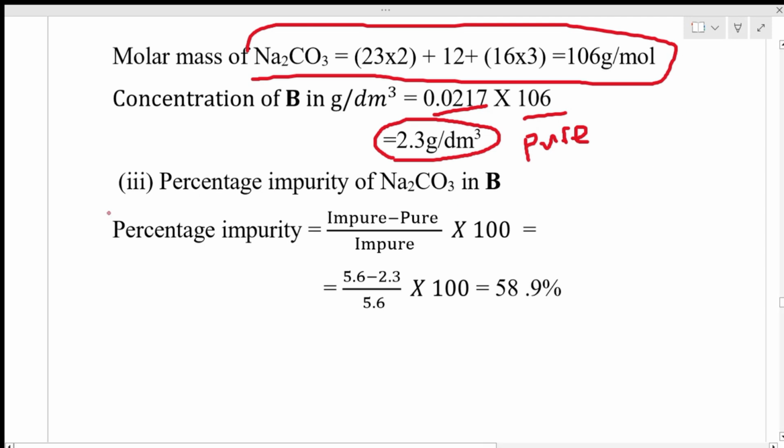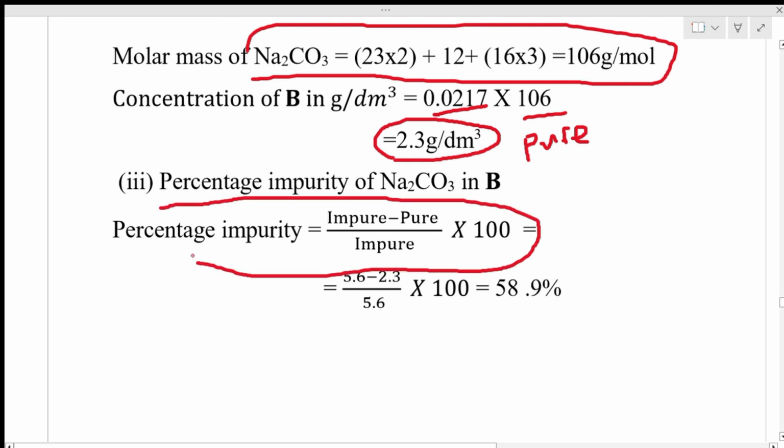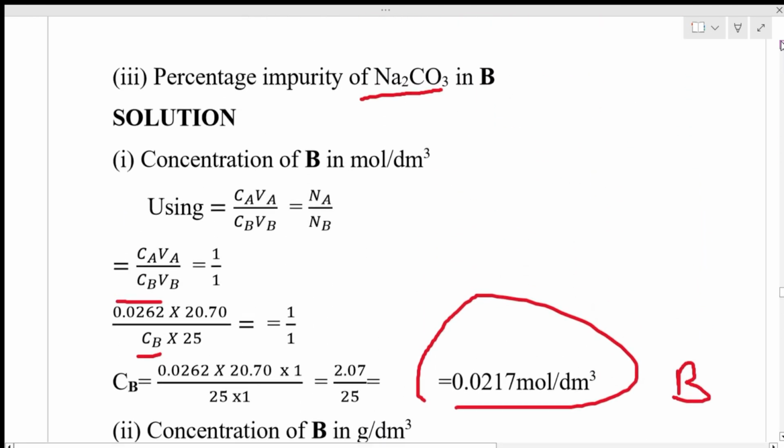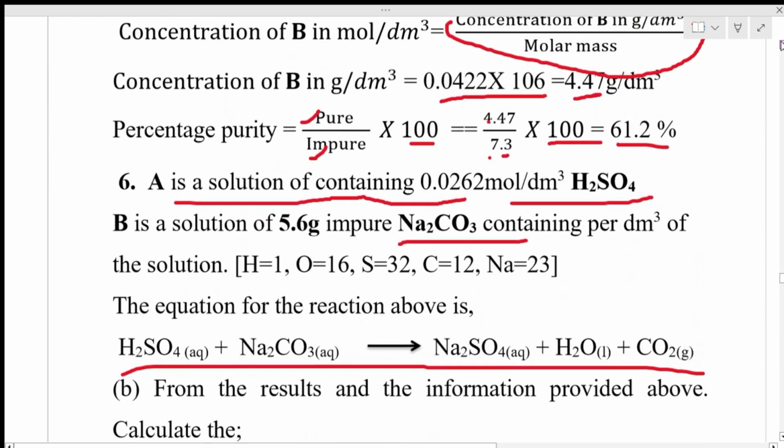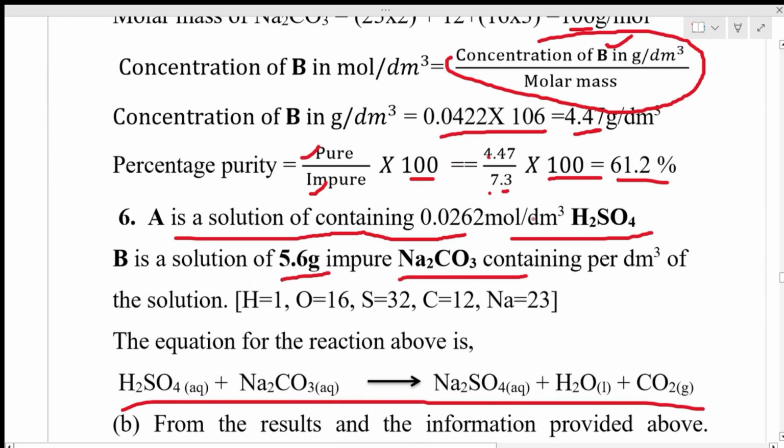Now look at the formula. Percentage impurity is equal to impure minus pure over impure times 100. Our impure has been given to be 5.6.